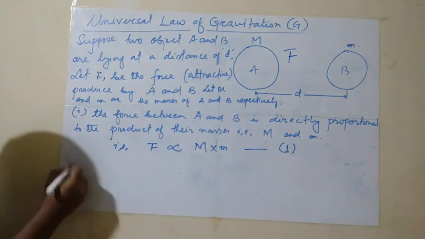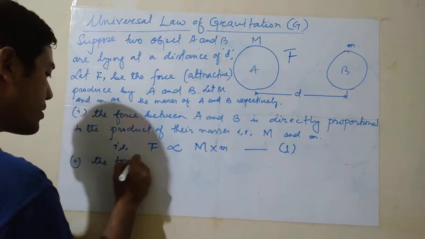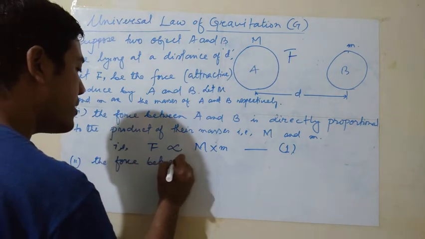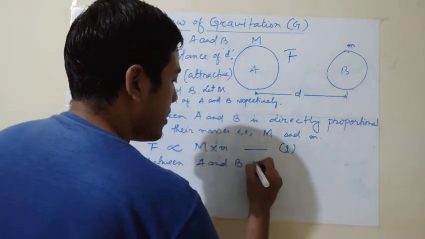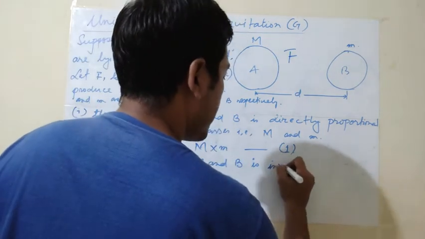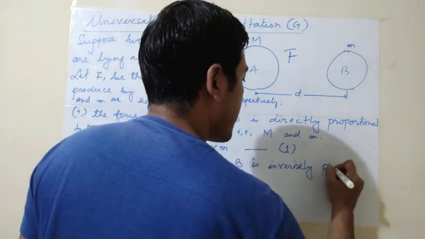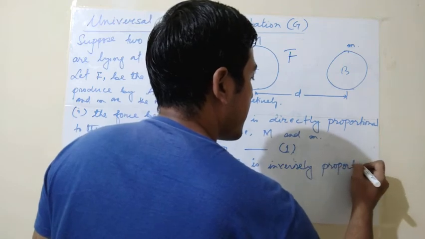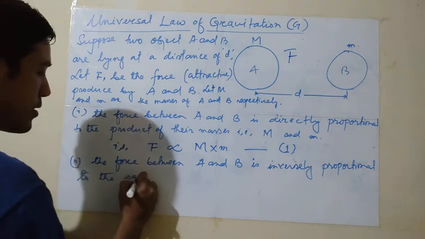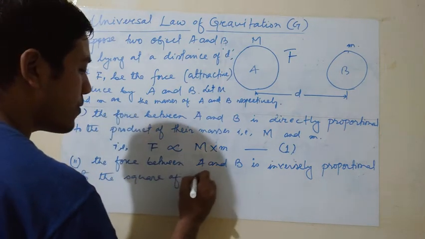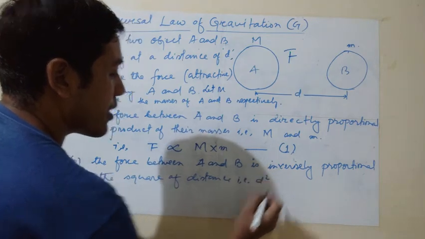Then the second one: the force between A and B is inversely proportional to the square of the distance, that is d square, right?